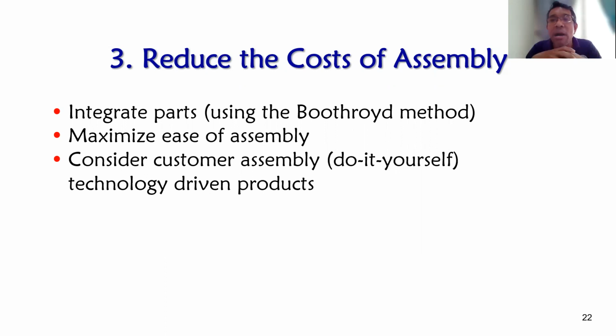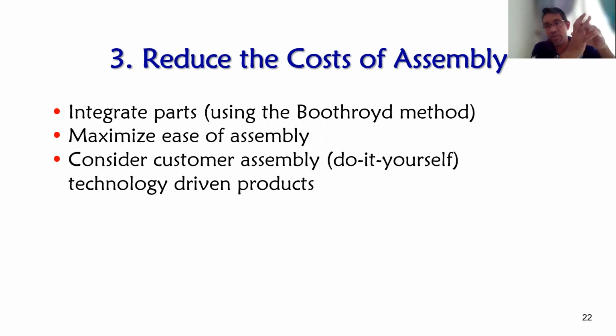So we need to think about design for assembly. DFA is a fairly well-established subset of the DFM method. So one subset of DFM, actually, is DFA. That involves minimizing the cost of assembly.